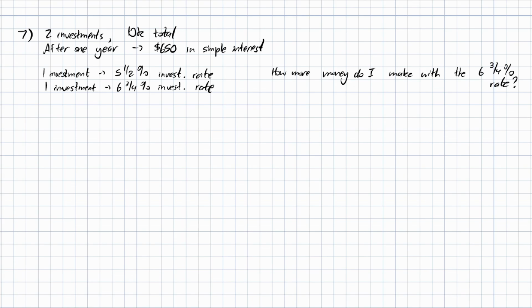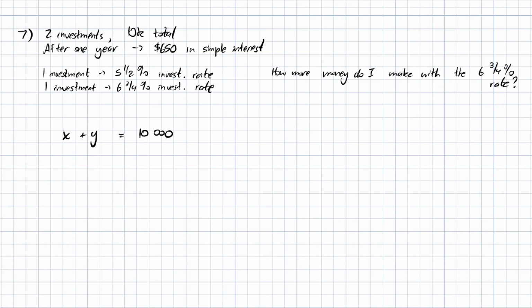All right, so there's two equations, right? I have x and y equals 10,000. So you have two investments that add up to 10,000. So this is going to be my first equation. And I know that after 1 year, simple interest just means applying the interest rate to the initial investment. It's not compound where it stacks over time.